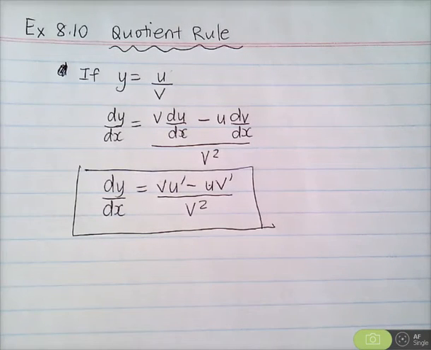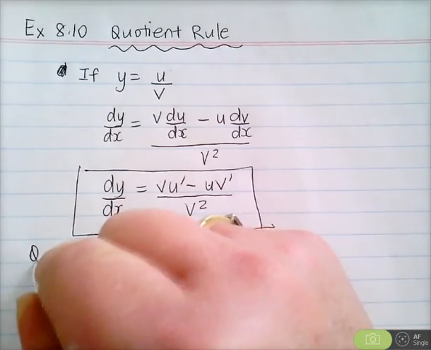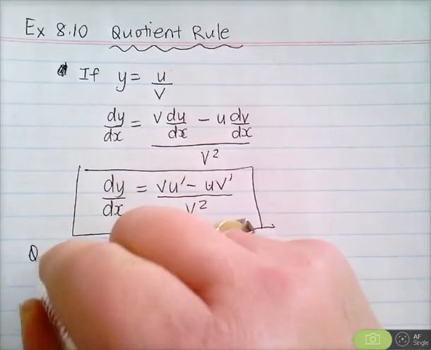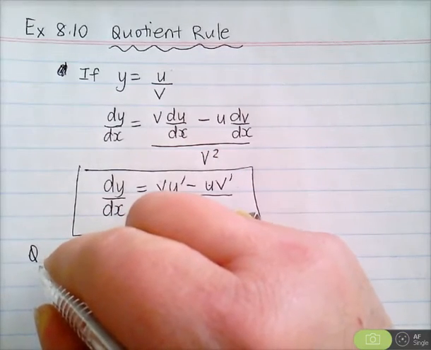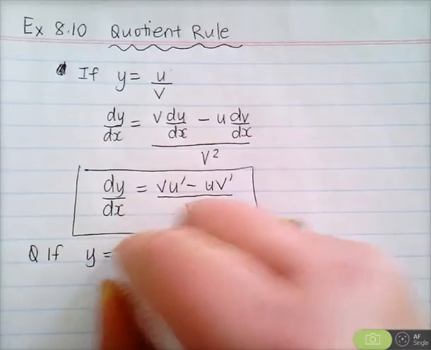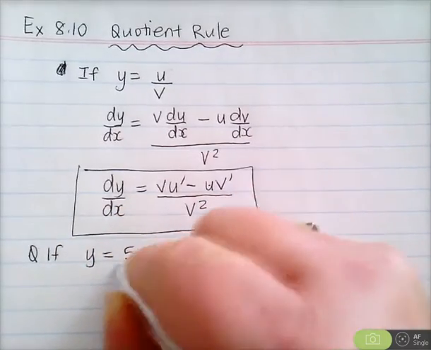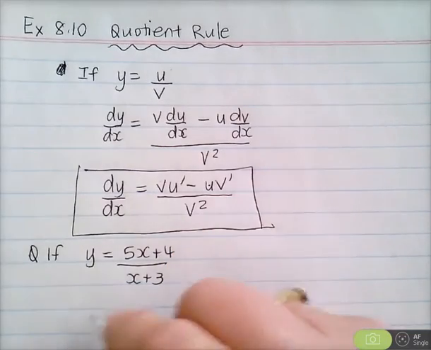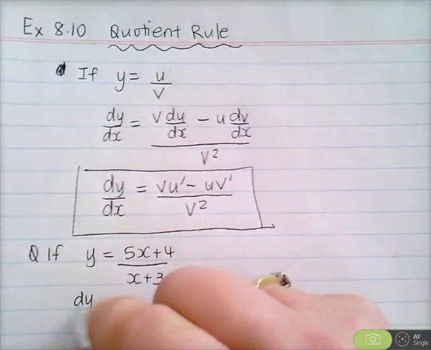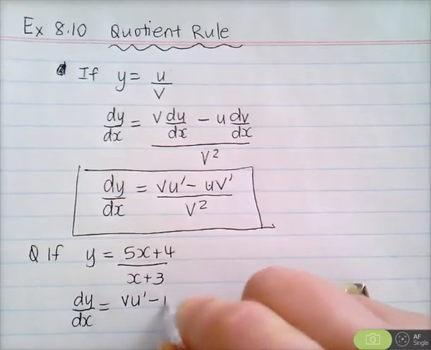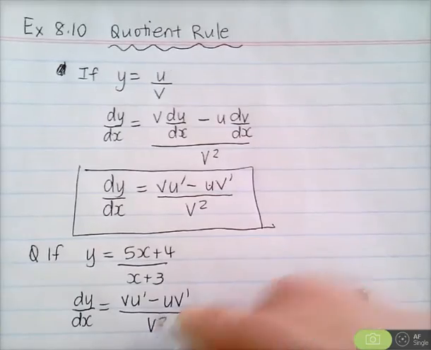All right, let's do some examples. So I'll just do some questions from the exercise. Let's do question 1. If we're going to do A, C, E, let's do 1F. So y is 5x plus 4 over x plus 3. Find dy/dx. So just the same thing: vu' minus uv' over v squared.